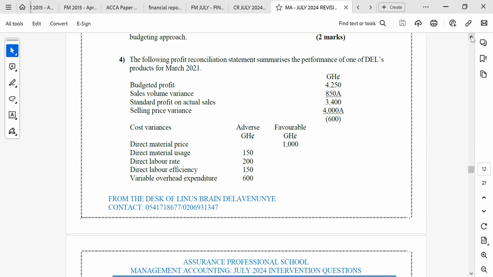If it is adverse, it means that we are subtracting the actual from the budgeted, isn't it? How do we determine the adverse? It will be the actual quantity being lower than the budgeted quantity. So we have adverse.